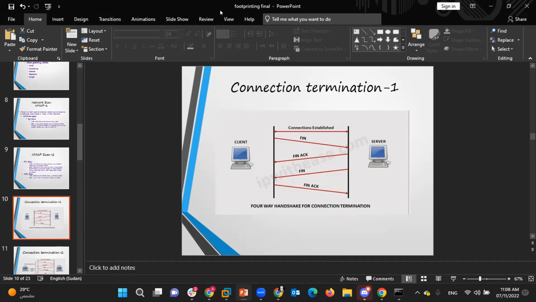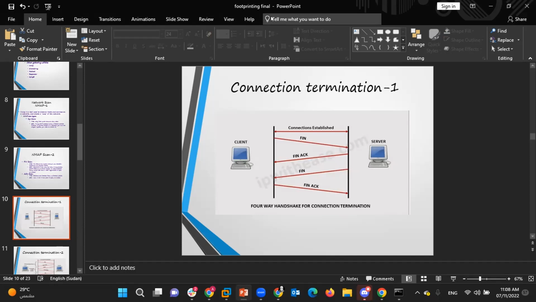Is it clear? The connection is established, and the client needs to close this connection. He sends a FIN packet. The server receives the FIN packet. And okay, he sends an acknowledgment of the FIN to the client.